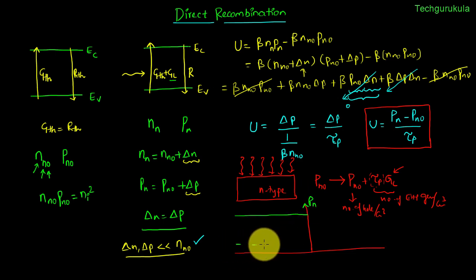Pn. We have here, this would be Pn naught, the thermal equilibrium concentration, and this would be tau P times GL. And let's say at T is equal to 0, we are turning off the illumination on the semiconductor. Then we only have the recombination rate that is acting on the semiconductor to bring it back to thermal equilibrium.